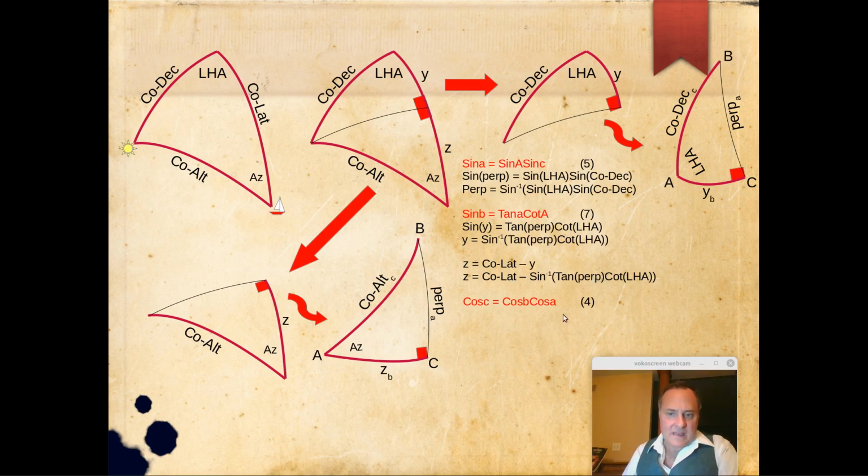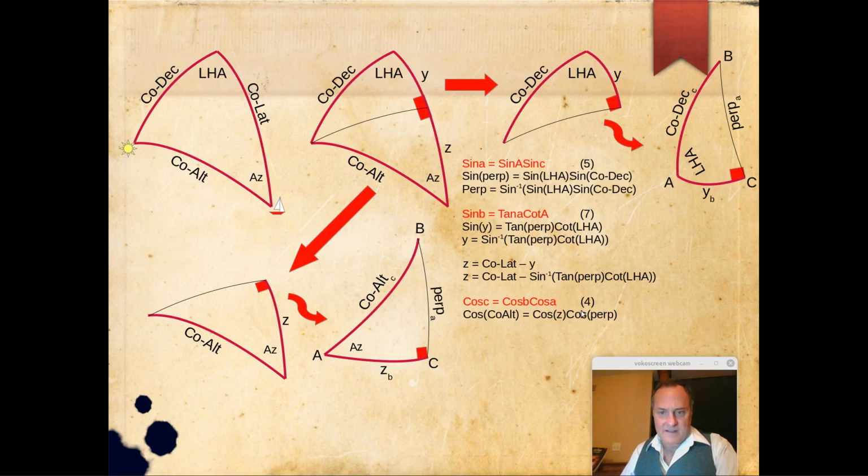Okay. Now, the cosine, we're going to use number 4. Cosine C equals cosine B cosine A. And recognize that little c is the coaltitude, little b, that's Z, and cosine of the perp, that's little a right there.